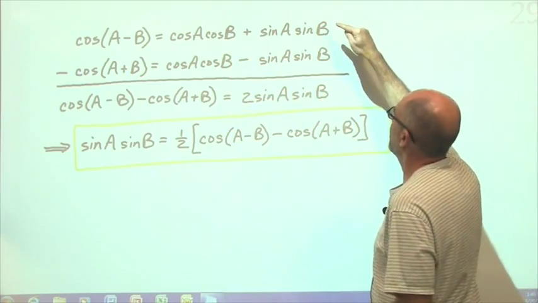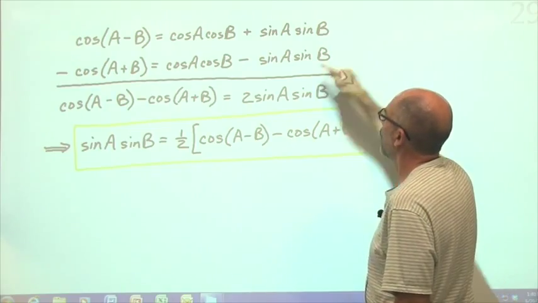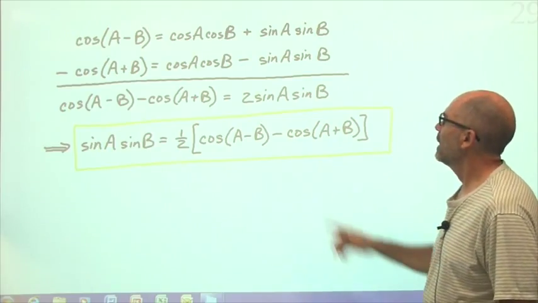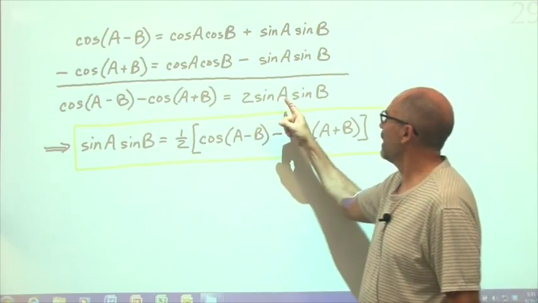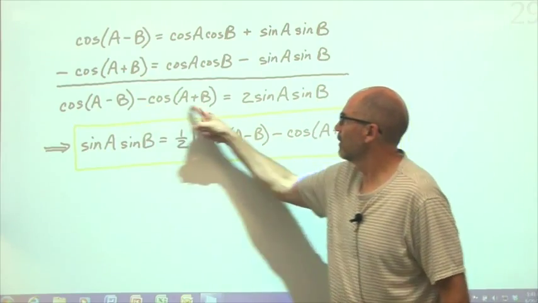And I'm left with sine A sine B minus a negative sine A sine B, which makes 2 sine A sine B. And so multiply both sides by 1/2, and now I have sine A sine B equals 1/2 of this thing.